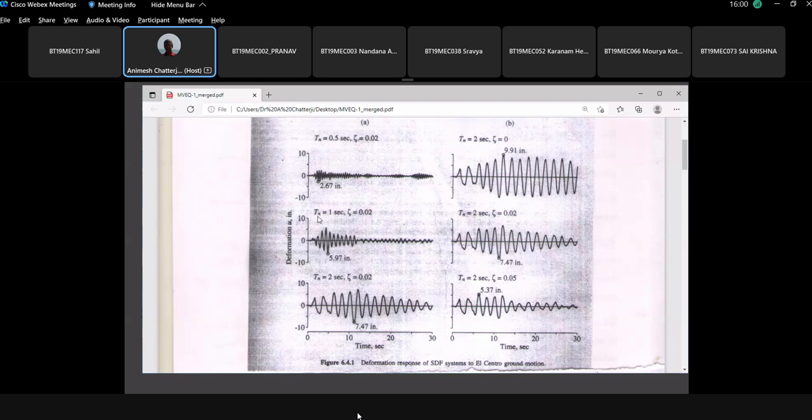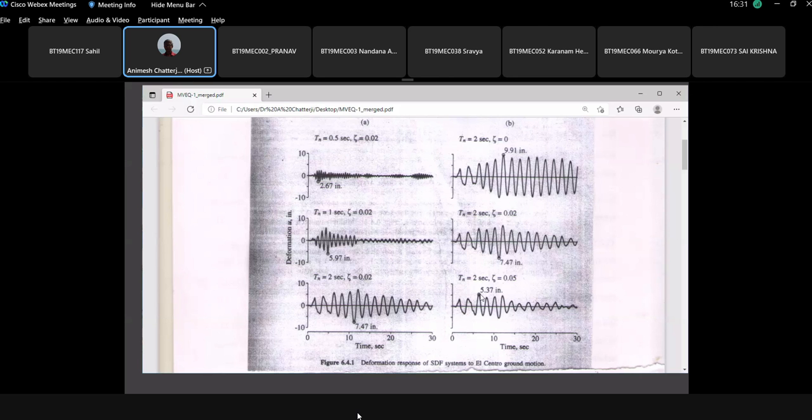Actually, our conclusion should be one parameter at a time. But let me tell you, as damping increases, what happens? This circle is actually representing the peak value.